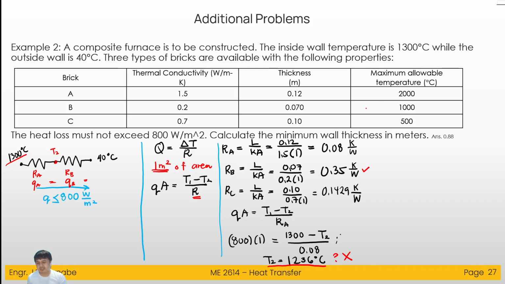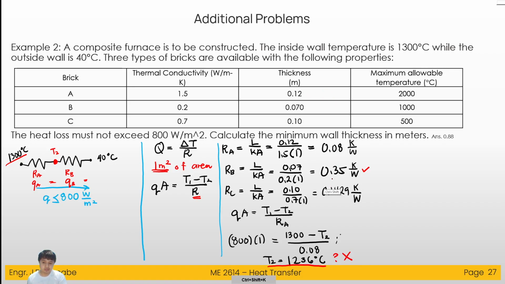You should have a temperature of at most 1000 degrees upon reaching this point. So meaning we need to increase the thickness. But since the brick has a fixed thickness, we can increase the number of bricks. So this is in discrete values. You can do 2 bricks, so the 2 bricks will be 0.24, and so on.